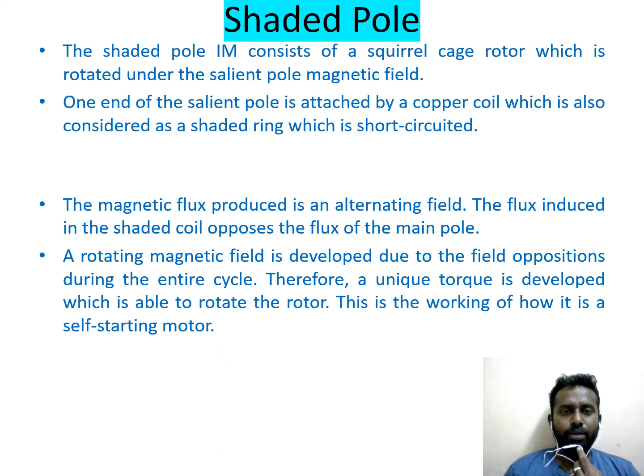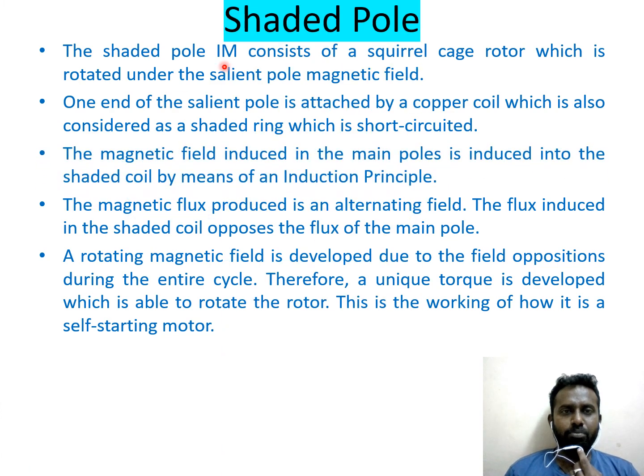Now, shaded pole type. A shaded pole induction motor consists of a squirrel cage rotor, which is rotated under a salient pole magnetic field. One end of the salient pole is attached by a copper coil, which is also considered a shaded ring, which is short circuited. The magnetic field induced in the main poles is induced into the shaded coils by means of the induction principle. The magnetic flux produced is an alternating field and the flux induced in the shaded coil opposes the flux of the main pole.